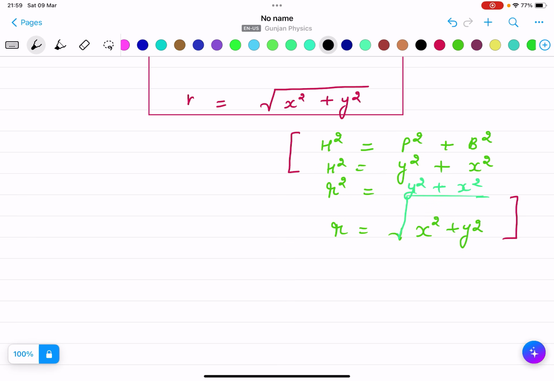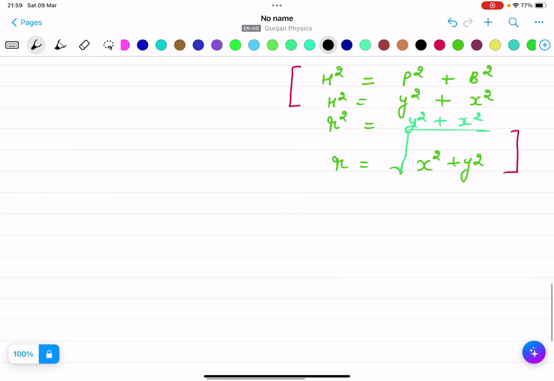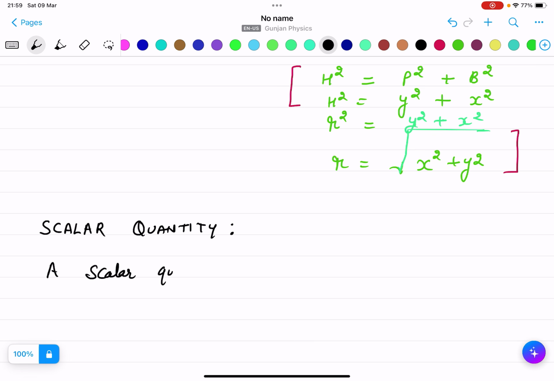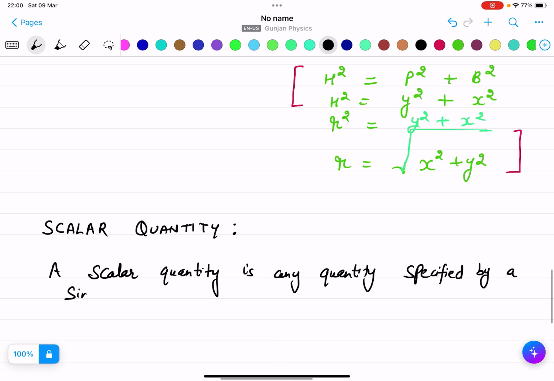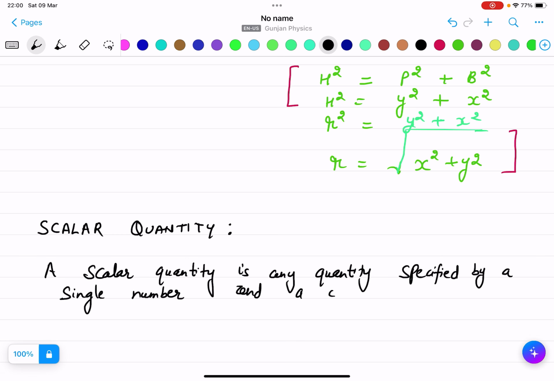Now next is a scalar and a vector quantity. Because we are studying the vector, we need to know what is a scalar quantity. A scalar quantity is any quantity specified by a single number and a unit.